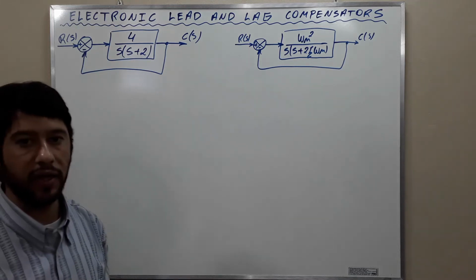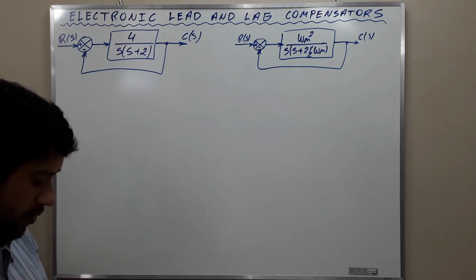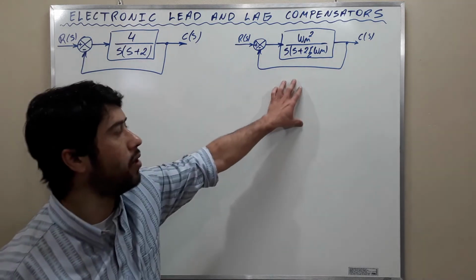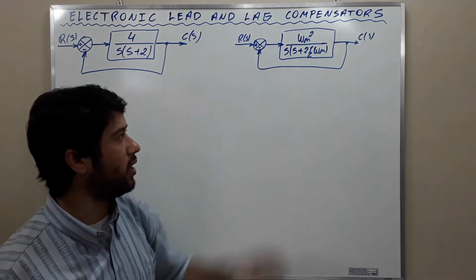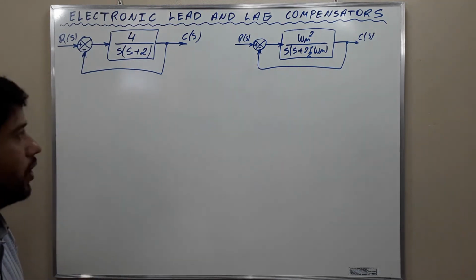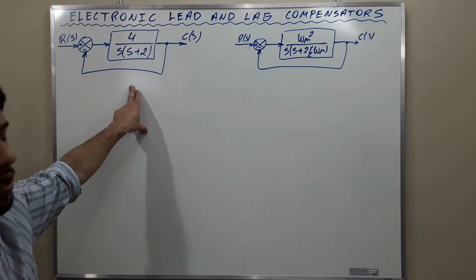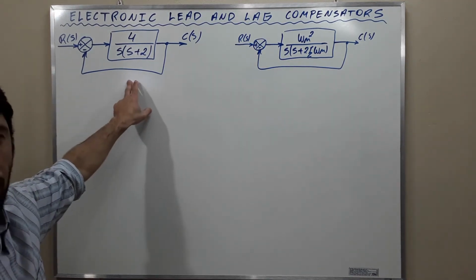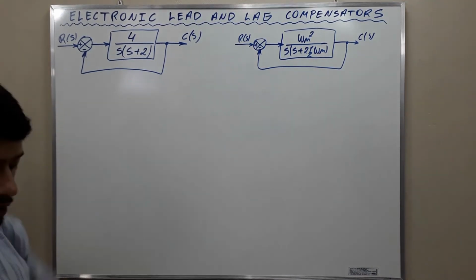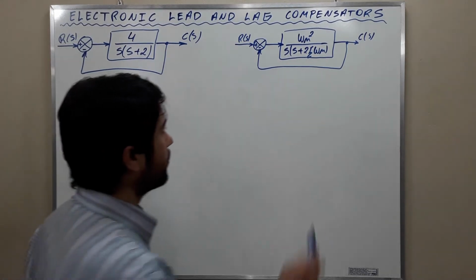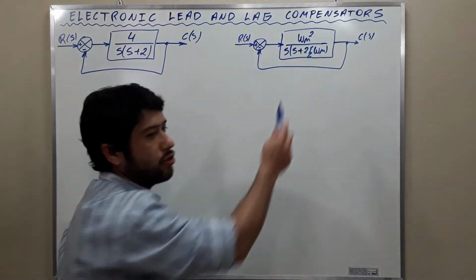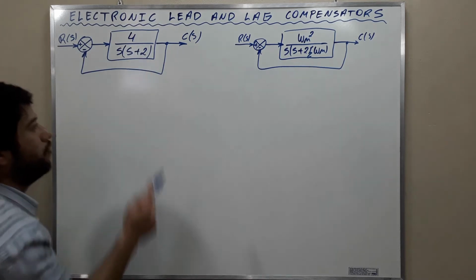Observe that a general second order system can be modeled by this block diagram. Okay, we are going to use this to understand what's going to be done here. Wn squared is 4.